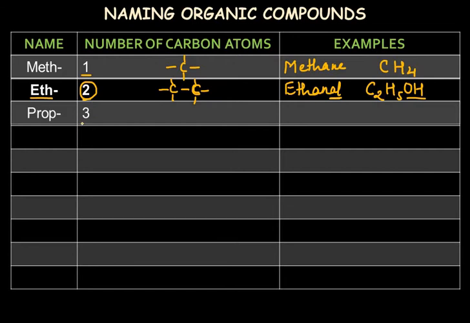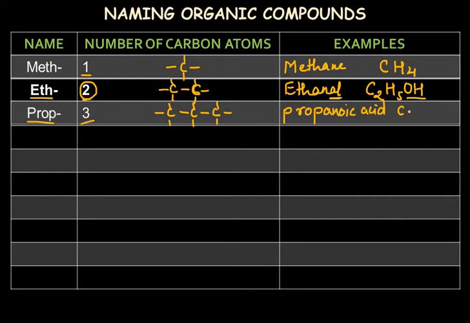If the compound has 3 carbon atoms, then the starting of the name will be prop, so 3 carbon atoms in the chain bonded to other atoms, which I am not showing here. Now if we take an example of a carboxylic acid, propanoic acid is the example for 3 carbon atoms.